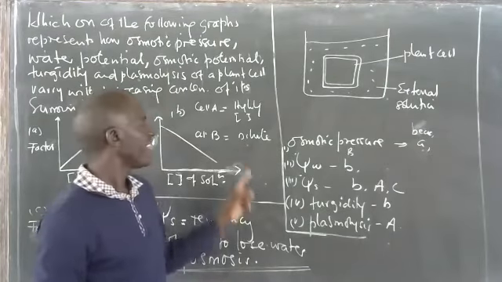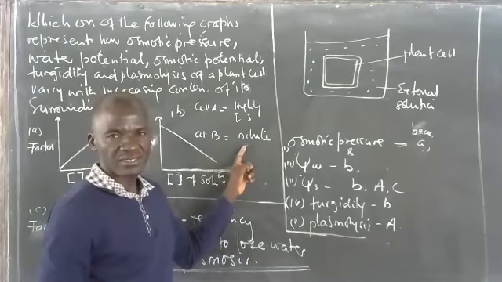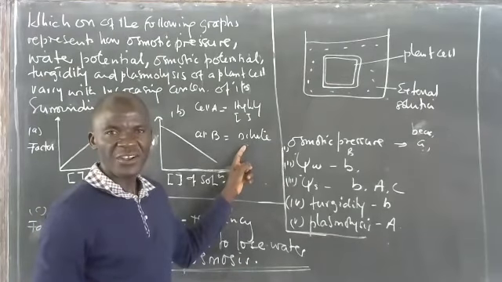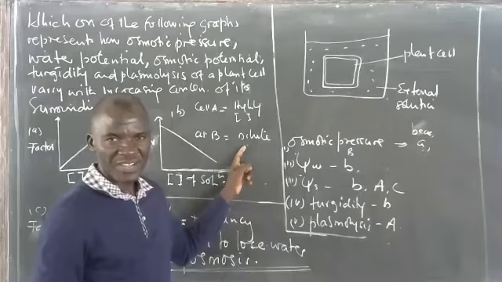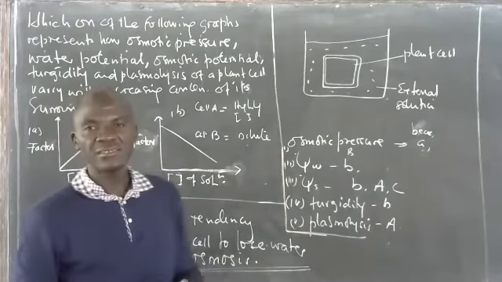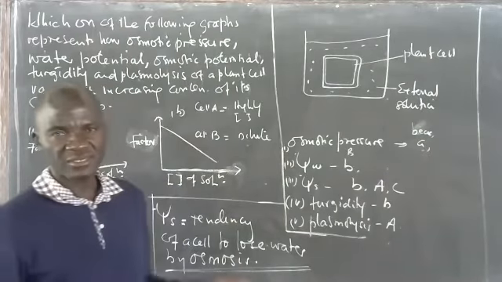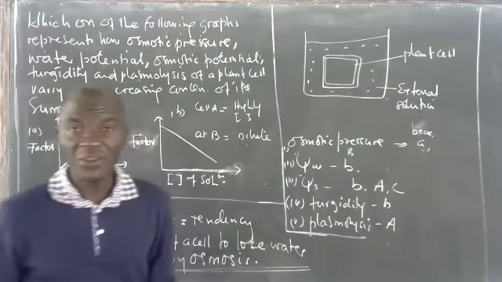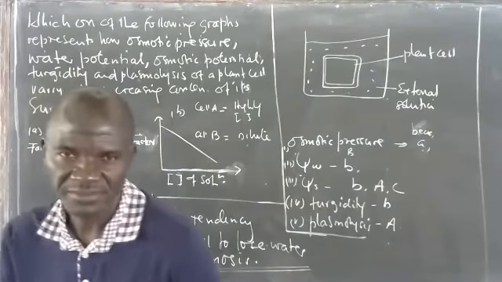What do I mean? This one, which is dilute with a low concentration, will have too much water. Then you have a higher tendency to lose. Then you have a higher solute potential. And this one will have a lower solute potential.